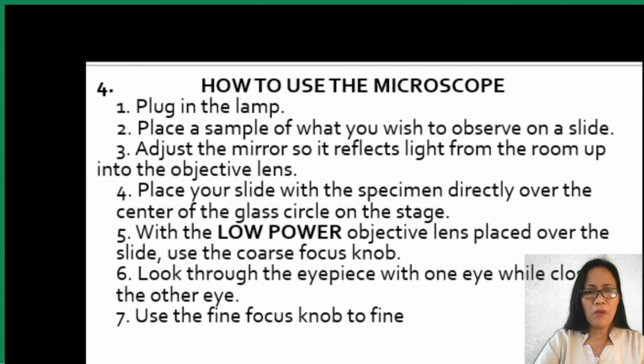With the low-power objective lens placed over the slide, use the coarse focus knob. Then look through the eyepiece with one eye while closing the other eye. And then use the fine focus knob to find the image. What is your answer for this activity? The correct answer is sequence or time.